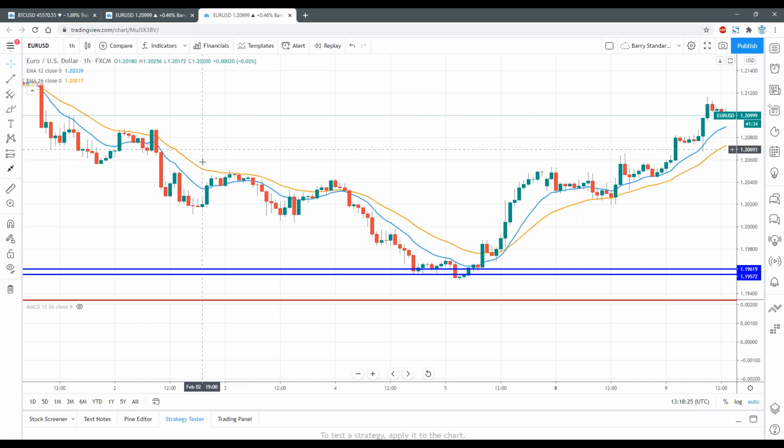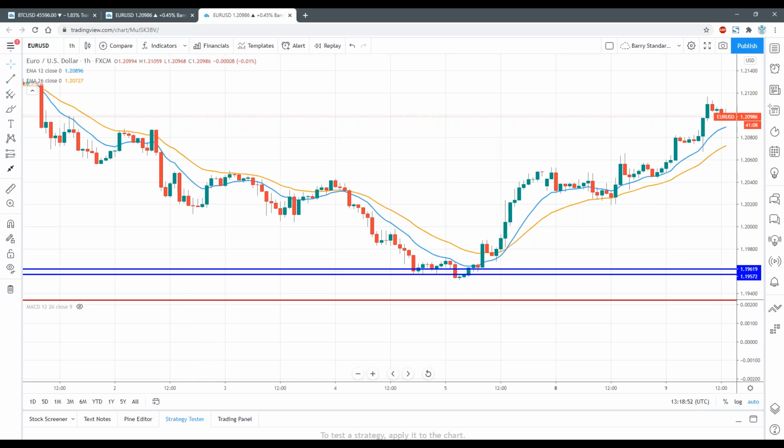Now, if we were to simply use these, we're just using a moving average crossover strategy. But this is just the start of MACD. MACD takes the difference between the 12-period moving average and subtracts the value of that same time frame, the value of the 26-period moving average.